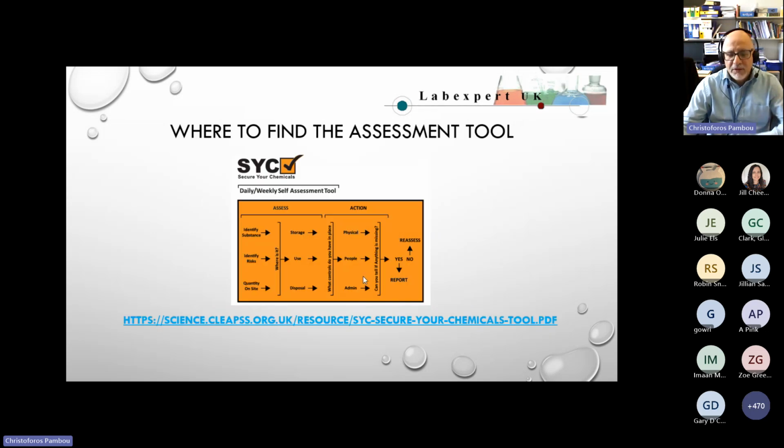And there is a small assessment tool at the end. It's a really useful tool where we can see how we do a daily, a weekly, a termly assessment of our chemicals.